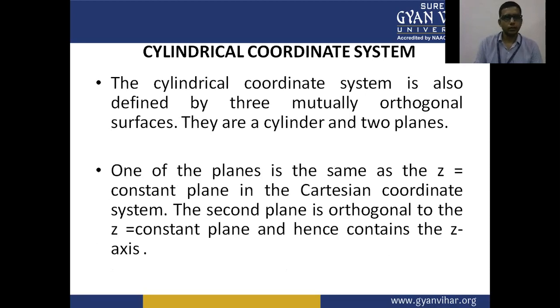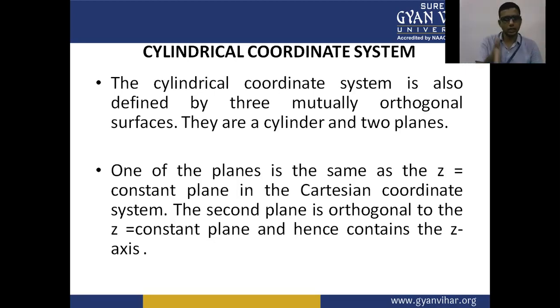The cylindrical coordinate system is also defined by three mutually orthogonal surfaces: a cylinder and two planes. One of the planes is the same as the z constant plane in the Cartesian coordinate system. The second plane is orthogonal to the z constant plane and hence contains the z axis.